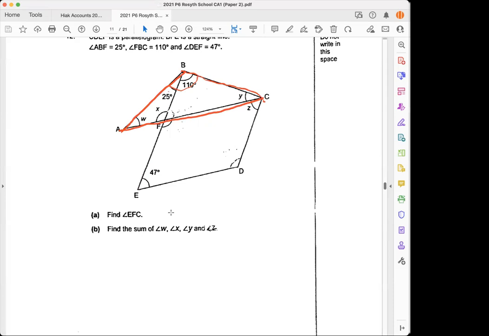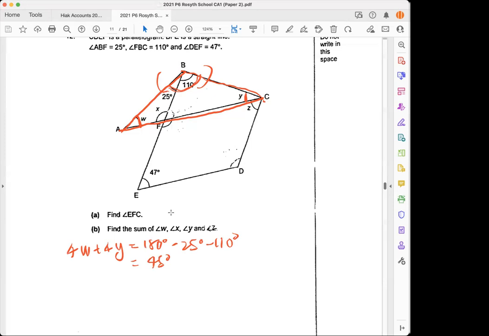So in other words, W plus Y plus this angle will give you 180. What you can do is this. Angle W plus angle Y is equal to 180 minus 25 and 110. You will get 45.